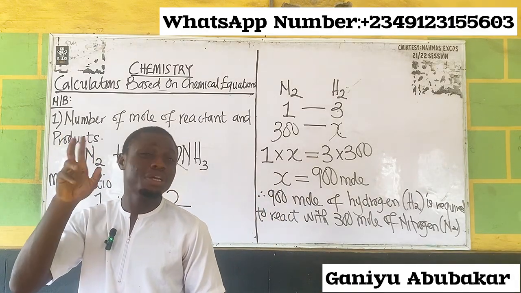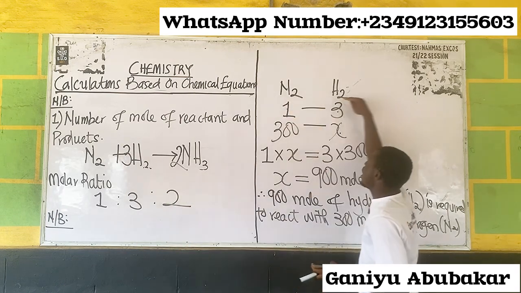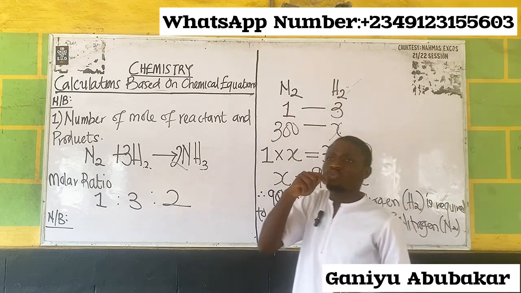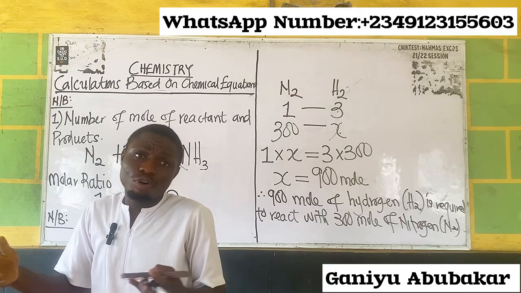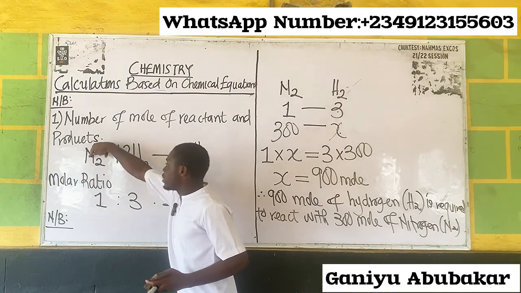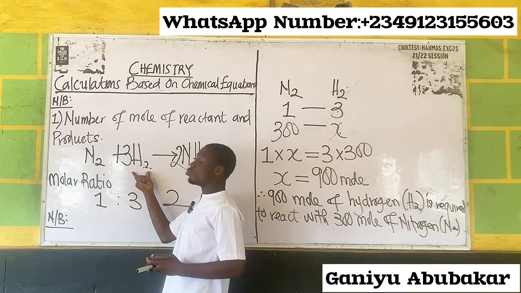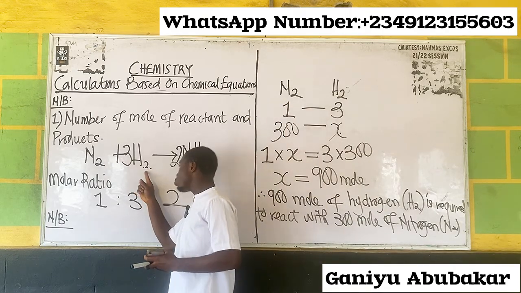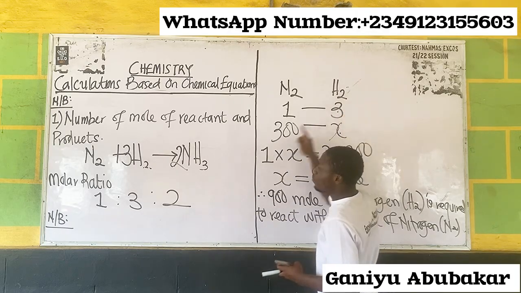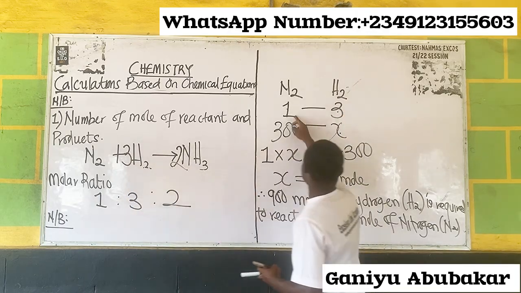So our focus was hydrogen and nitrogen. In the question, it was hydrogen first before nitrogen, but follow the pattern of the given equation. So nitrogen first, N2, then H2. I didn't put 3. For molar ratio, it was 1 and 3.